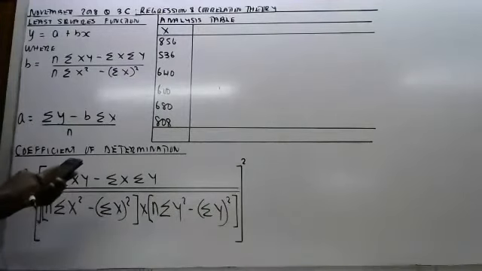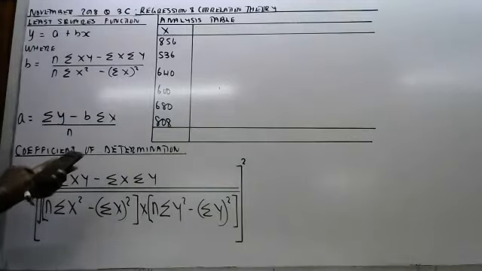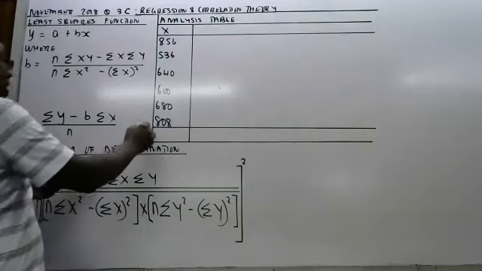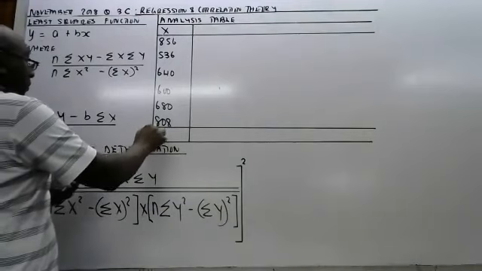So you say 856 plus 536 plus 640 plus 600 plus 680 plus 808 is 4,120.